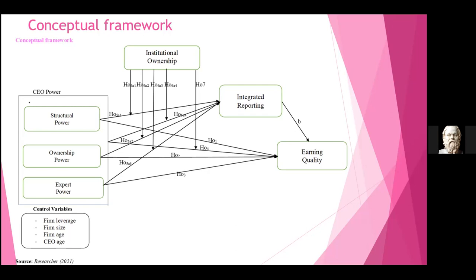I see that she has a variable called CEO power, and I had earlier imagined that these are indicators: structural power, ownership, and expert. And I know from what she did mention, she's going to use secondary data. I'm not very sure whether it is panel or otherwise, but she has secondary data.